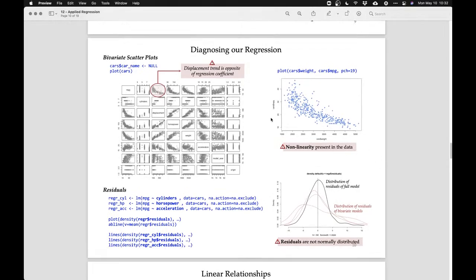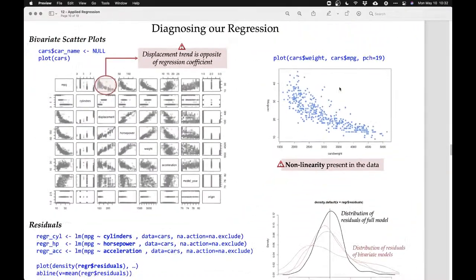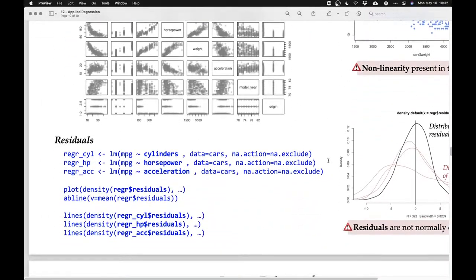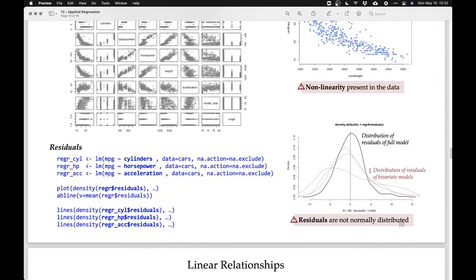So we have at least 3 different problems in our data sets. Nonlinearity, completely opposite effects from what the regression is telling us, and residuals, at least if you do bivariate regressions, that are not normally distributed. They're skewed. The residuals are skewed, okay?